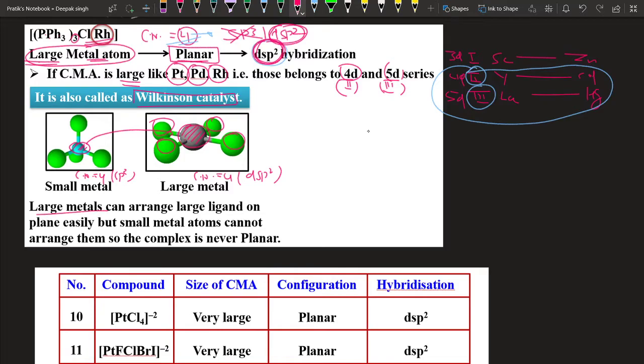So a large metal can arrange large ligands on a plane easily, but a small metal atom cannot arrange them, so the complex is never planar. You got this? So basically when the coordination number is 4 for these lower transition metals, the hybridization is always dsp2, and the reason is the large size of the metals.